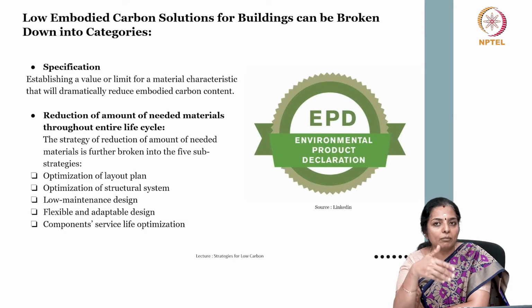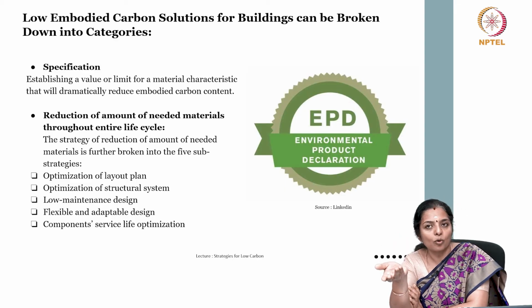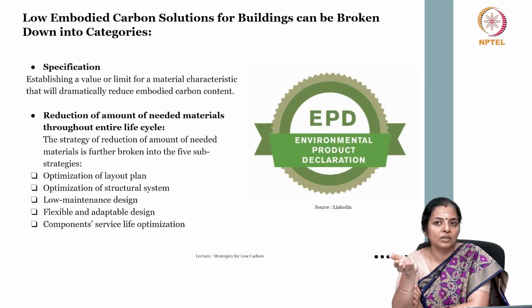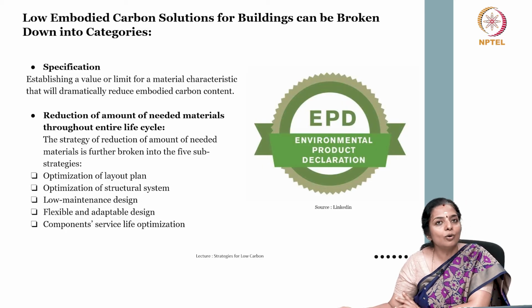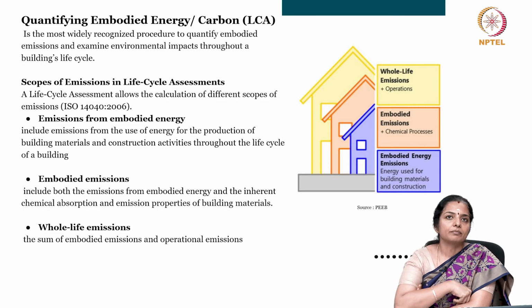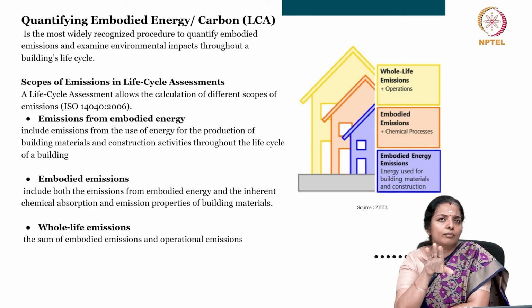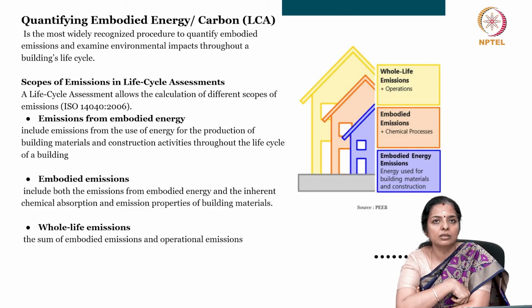And at the same time, it should also follow all of these, such as being low maintenance or being flexible and being adaptable. So all these will go a long way in having a low carbon house.